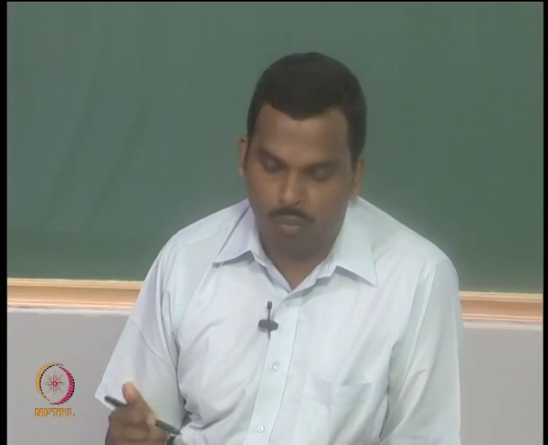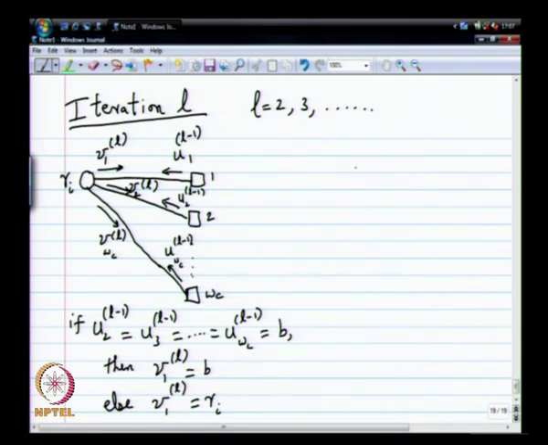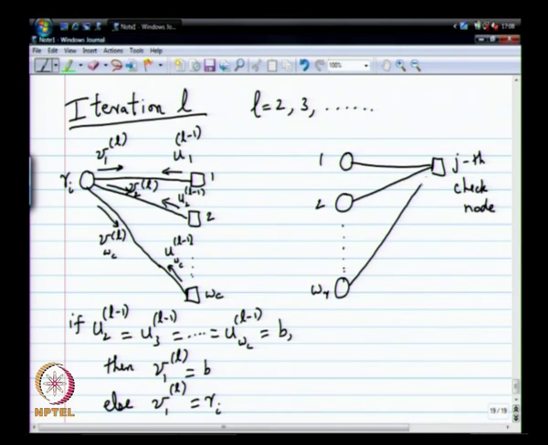This part is clear. The next step: you have to now look at the jth check node, which has wr bit nodes connected to it. Let us say this is the jth check node. The check node operation is much simpler here.